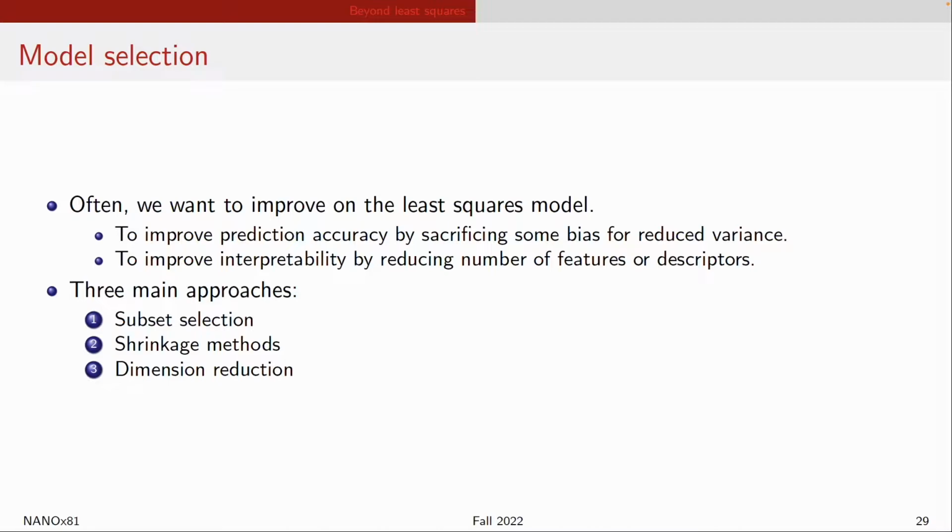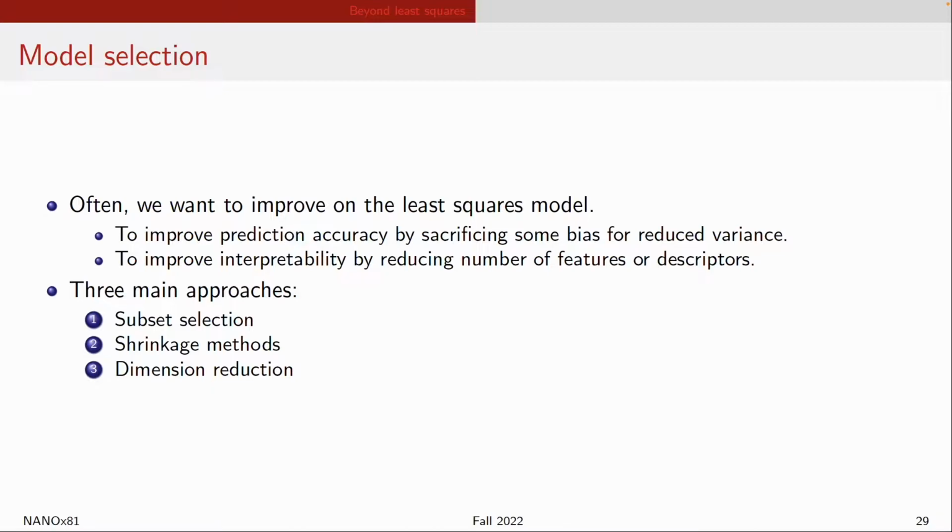Now, there are 3 main approaches to reducing the number of features as well as improving the generalizability of our model. One is a very simple concept. 2 and 3 are actually much more interesting. The first method is called subset selection. The second method is called shrinkage methods.